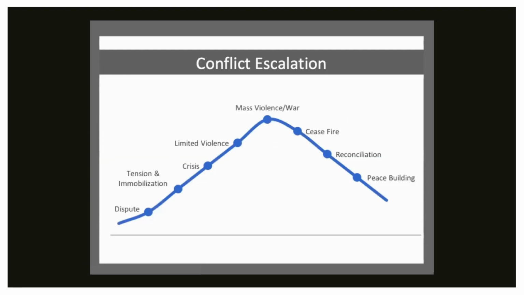It is the conflict escalation. Conflict escalation starts with the dispute. We give the situation number 1, the dispute. If we cannot handle the dispute, the dispute becomes the tension and mobilization.